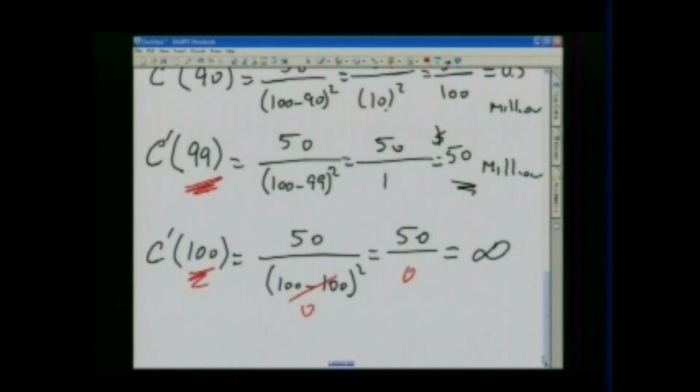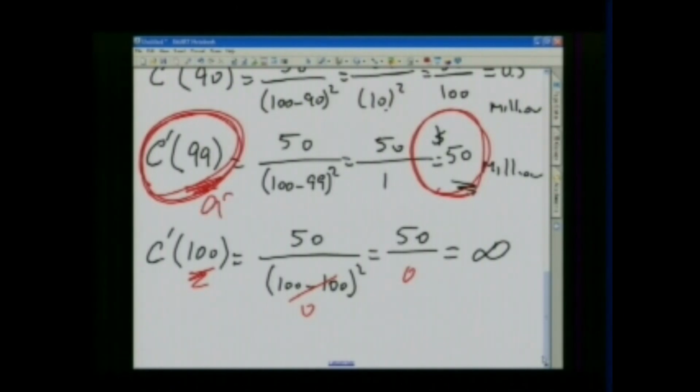In other words, it costs you only $50 million to clean the toxic pollutant to the rate of 99% clean, right? That's what 99 means.